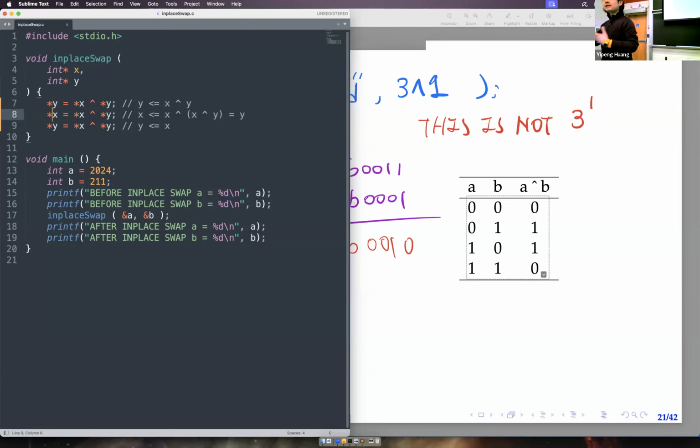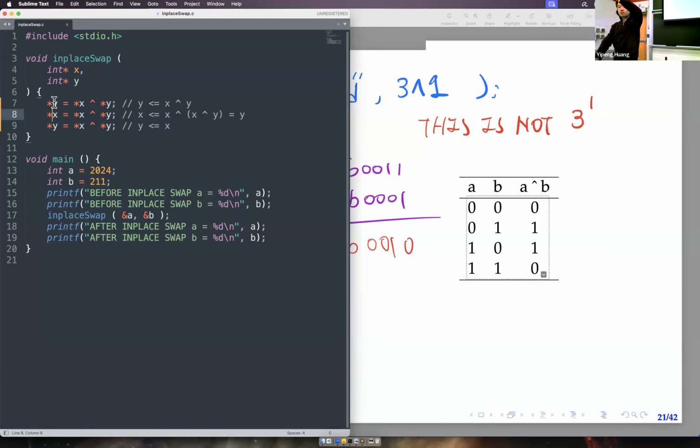And then within the stack, how is the stack organized? The big chunks of the stack are called function frames, function call frames. So we've got here 2 functions: the main, and then what we call in-place swap. In-place swap's call frame gets put onto the stack.